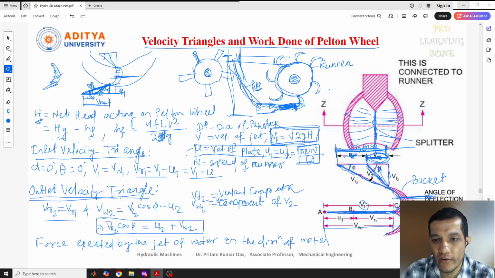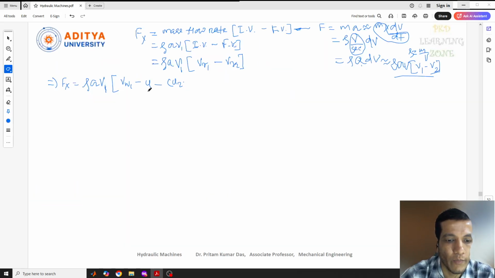So we cannot consider only VR2, we need to consider VR2 cos phi. How much did we get? U2 plus VW2.